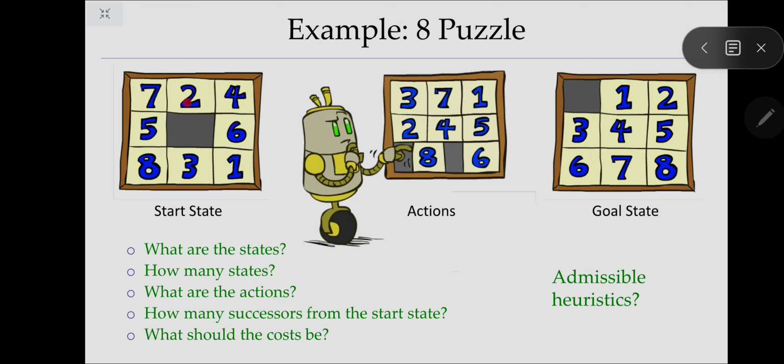Again, for 2, we have the same problem. And for the next, and for the next. By enumerating the necessary replacement of tiles, we can define a heuristic.